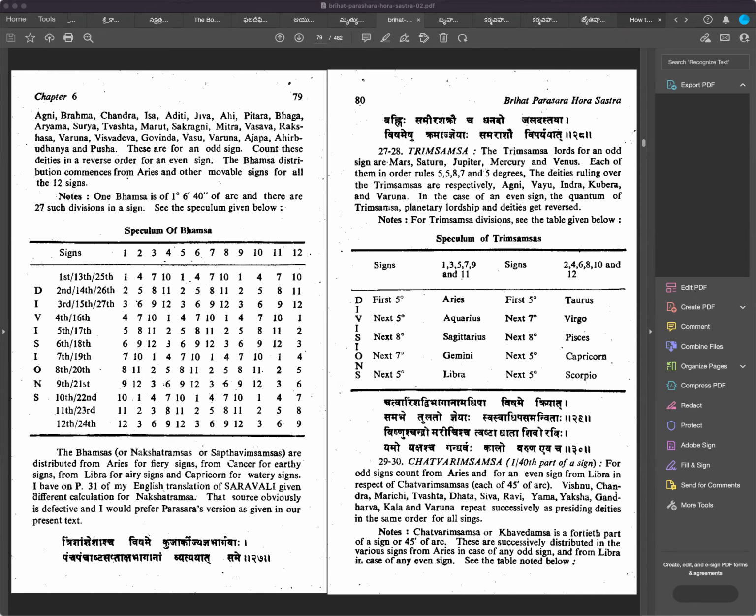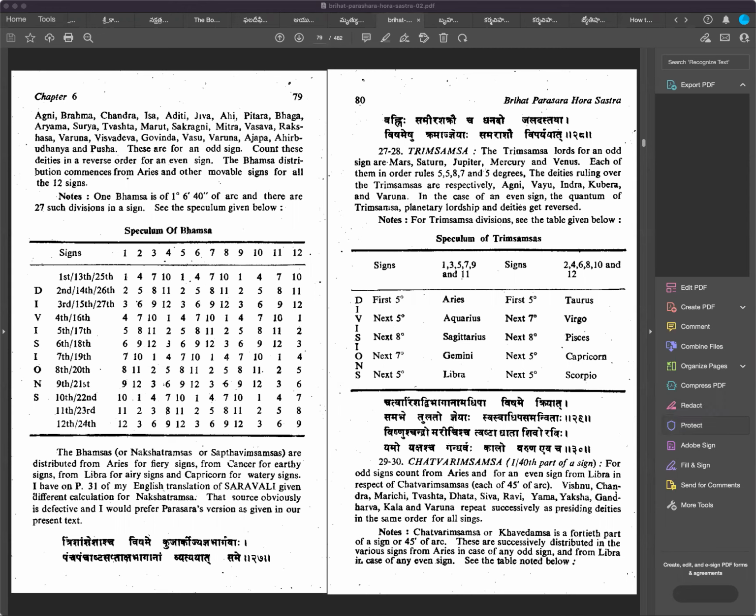The Bhamsa distribution commences from Aries and other movable signs for all 12 signs. One Bhamsa is 1 degree, 6 minutes, 40 seconds of arc, and there are 27 such divisions in a sign.